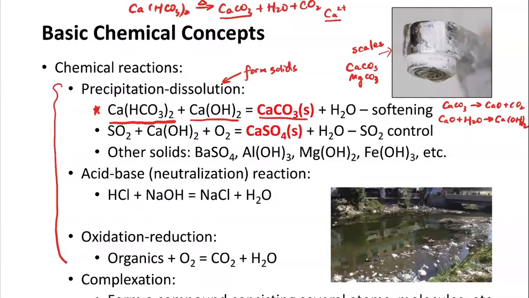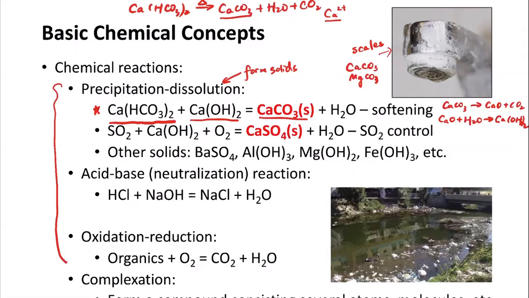So the way it happens is that they're going to first extract the underground water. Generally, the underground water is quite clean, except that it has a high concentration of calcium ions. And then they're going to introduce the water into a reactor, and start to introduce this calcium hydroxide into the water.